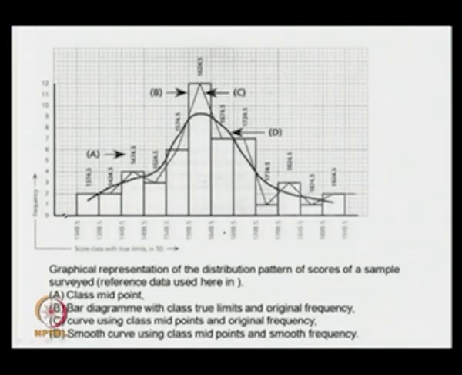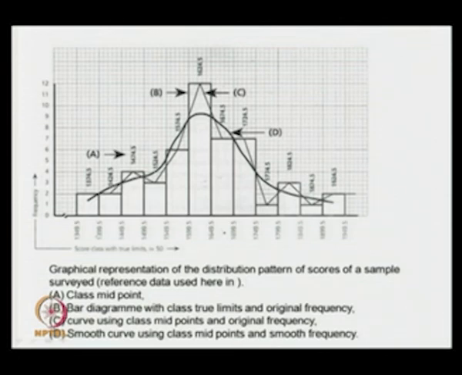So, in the graphical presentation of this distribution pattern of scores of a sample survey, the reference data used herein, A is the class midpoint. These are the class midpoints. This is the class midpoint, means the sum divided by 2 gives the midpoint.